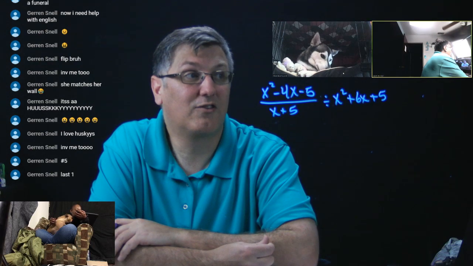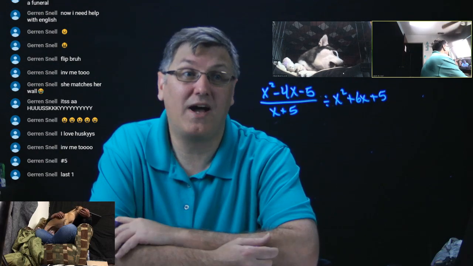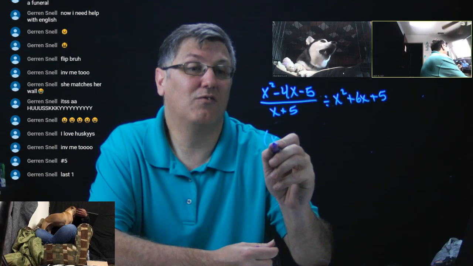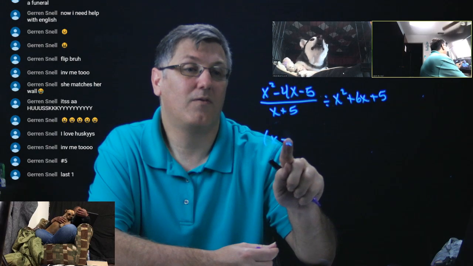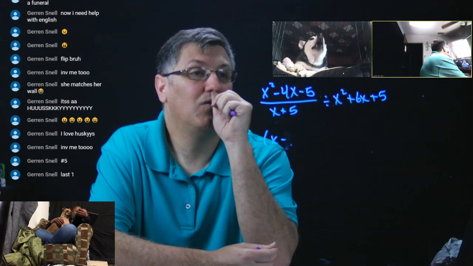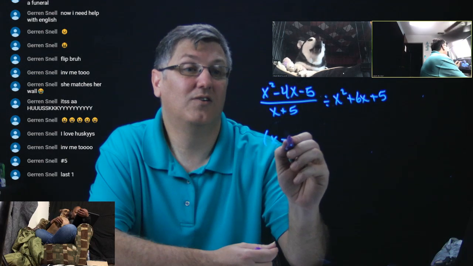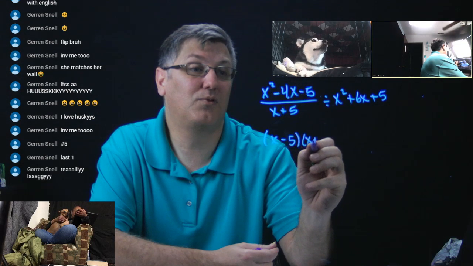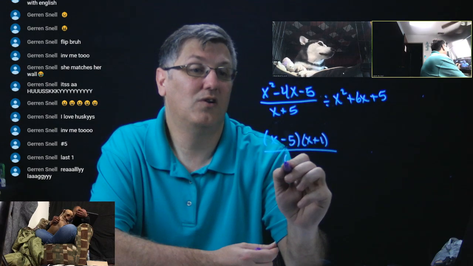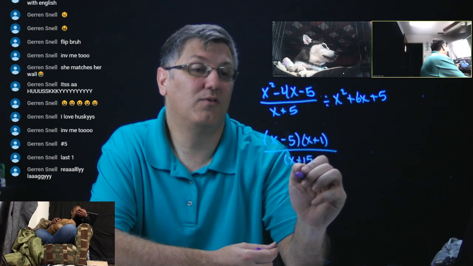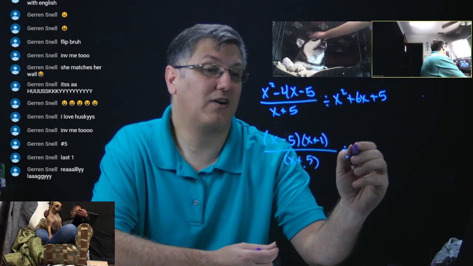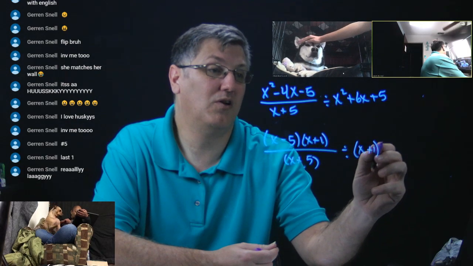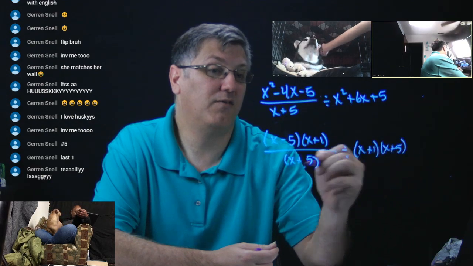All right, so step 1, factor everything. This gives me x minus 5, x plus 1 over x plus 5, divided by, well, this factors to x plus 1, x plus 5.